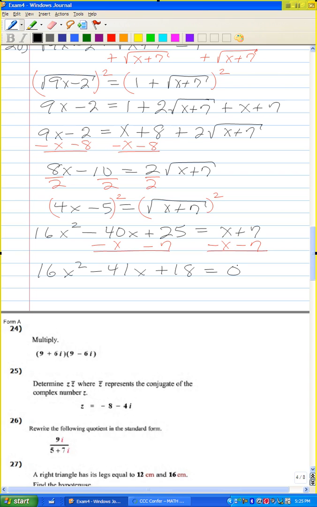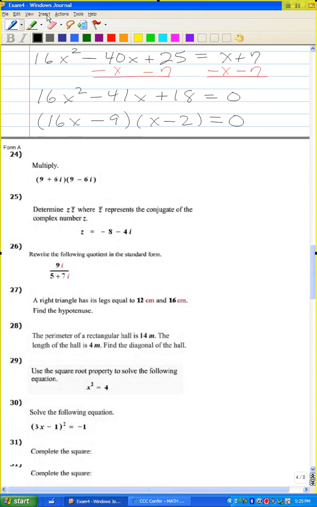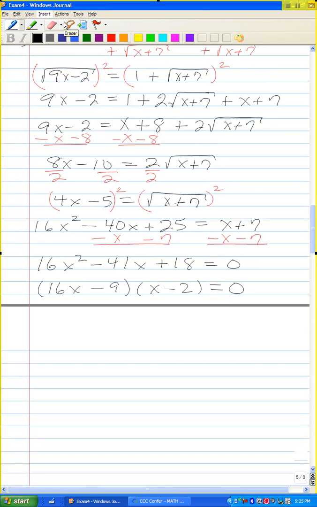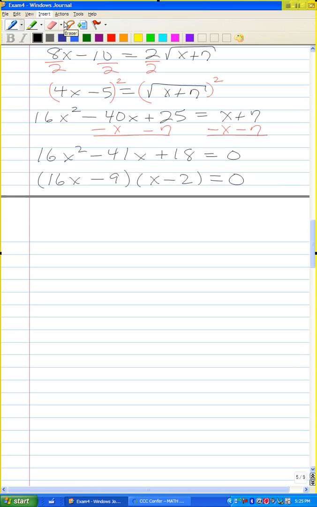And I can try to factor that. This factors into 16x minus 9 times x minus 2 is 0. Let me set each factor to 0 and solve for x.